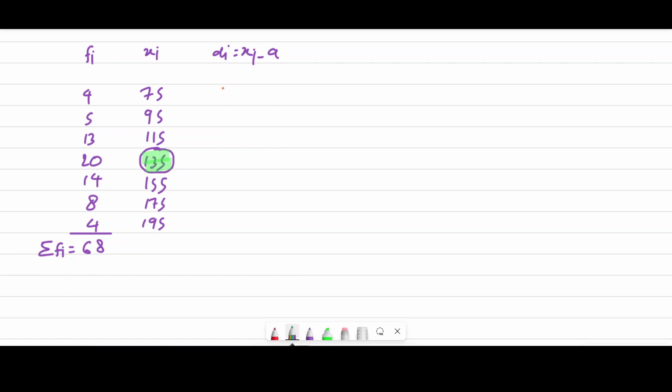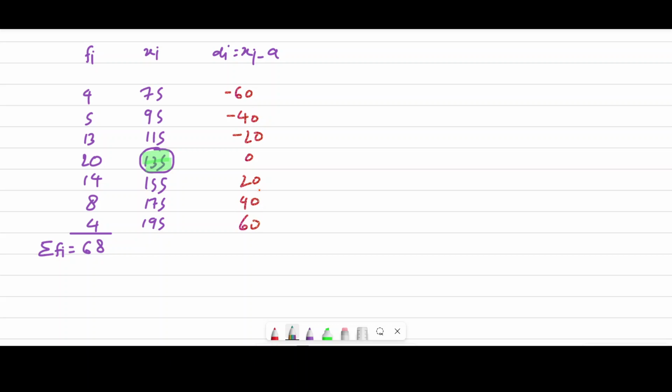Now what is the value of Di? Di we can write here, subtracting 75 minus 135, that will be minus 60, this will be minus 40, and this will be minus 20, 0, reverse it, 20, 40 and 60.